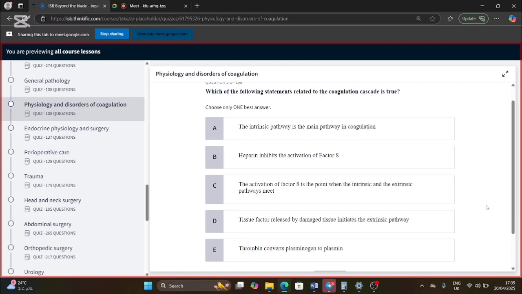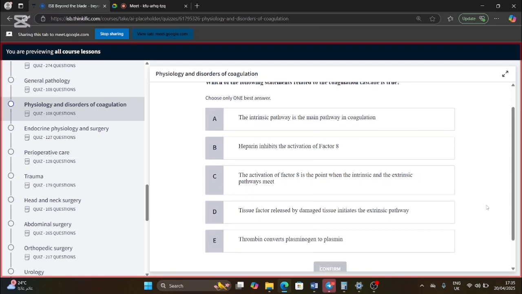Which of the following statements related to the coagulation cascade is true? The intrinsic pathway is the main pathway in coagulation. Heparin inhibits the activation of factor 8. The activation of factor 8 is the point where the intrinsic and extrinsic pathways meet.